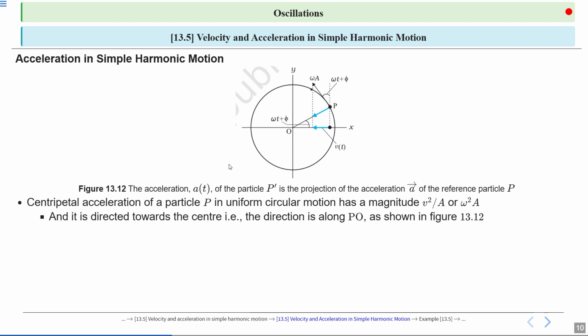So the direction of this acceleration is always towards the center along the line from the particle to the center, which is labeled as PO in the figure 13.12. This is important because it shows that the acceleration is always trying to pull the particle back towards the equilibrium position, just like in SHM. Focus on the fact that both the magnitude and the direction matter here. Acceleration is a vector quantity. Means it has both magnitude and direction.